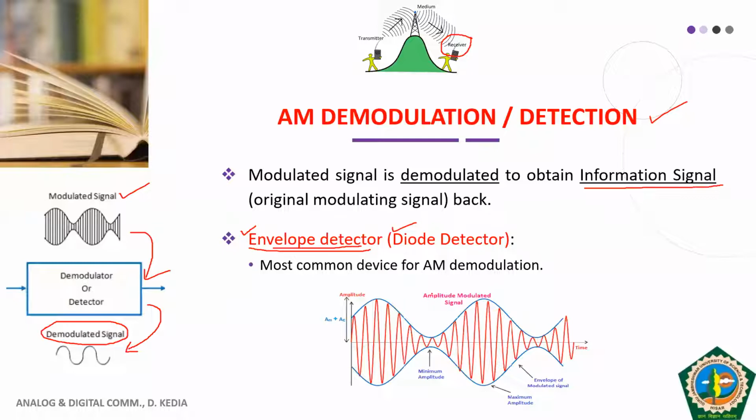And I told you in yesterday's class also that we call it an envelope detector because our modulating signal is present as the envelope of the carrier. Okay, so obviously we want to retrieve our information signal. So that's why we extract our information signal from the envelope of our carrier. Okay, so I hope with this background we can now proceed with our discussion on amplitude demodulation.